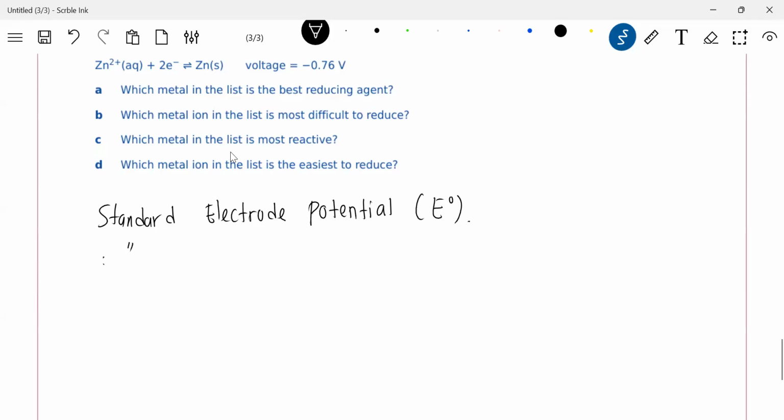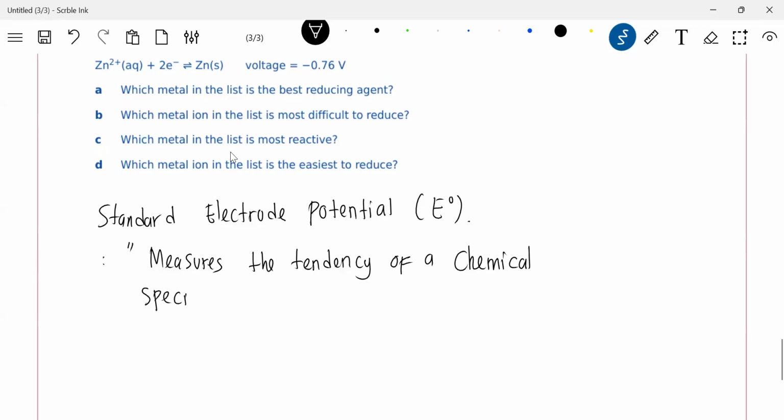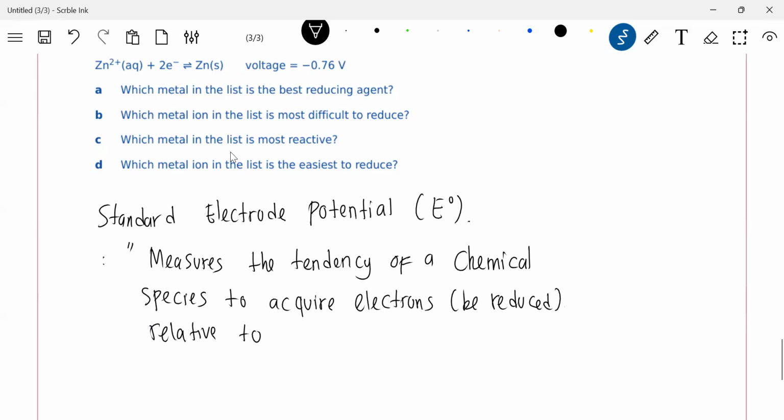The concept is that it measures the tendency of a chemical species to acquire electrons, to be reduced, relative to the standard hydrogen electrode.